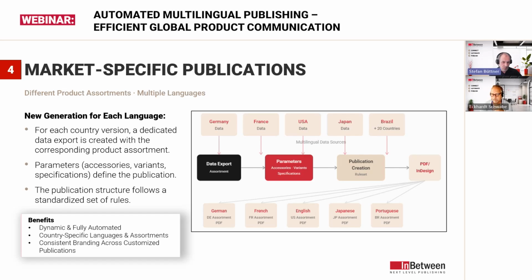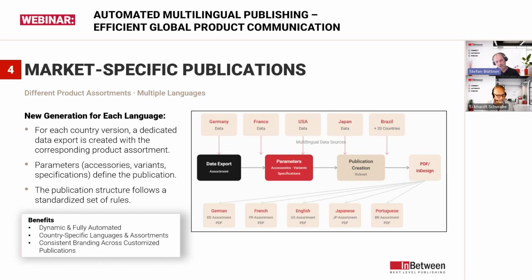So this is the 4th approach, marketing-specific publications. There we have different product assortments for each country. We have multiple languages, and in that approach, we do a new generation for each language. So for each country version, a dedicated data export is created with a corresponding product assortment. So the assortment can differ here, and then we have different parameters.